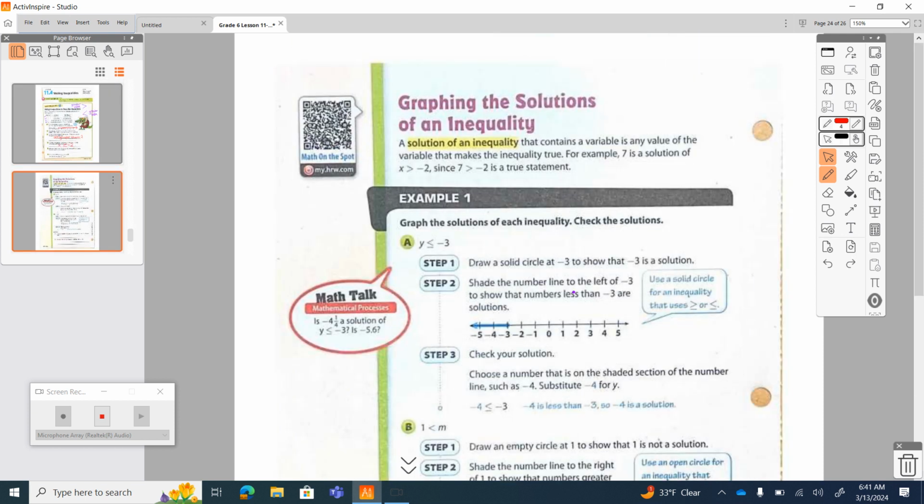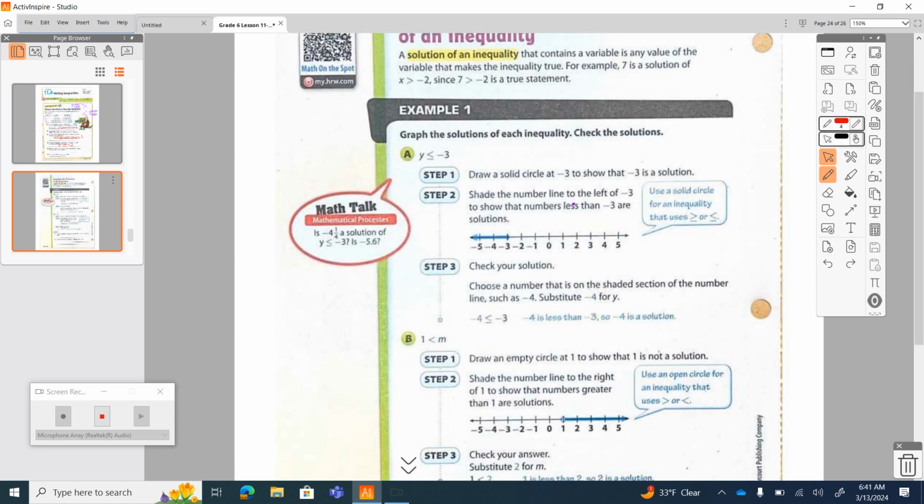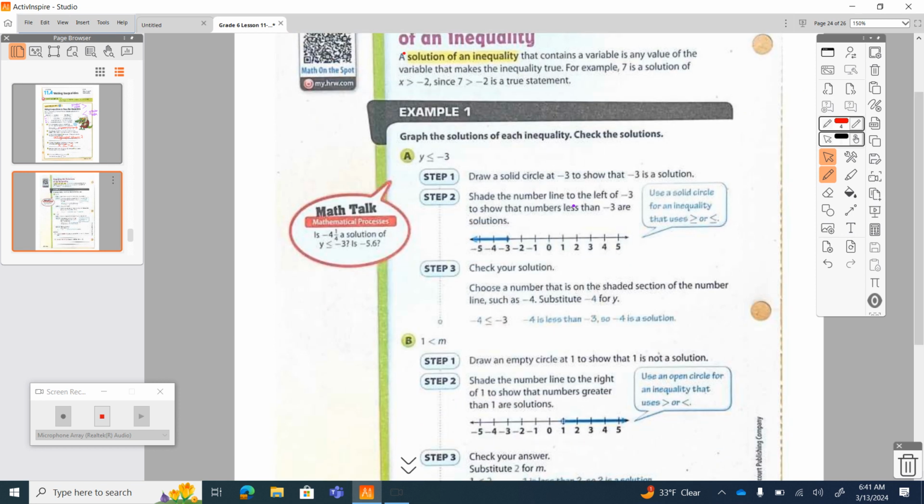So, graphing the solutions. A solution of an inequality is a value of the variable that makes it true. A variable is a letter. For example, 7 is greater than -2, so that's a true statement. So let's look at these. It says y is less than or equal to -3. We're going to put a dot at -3. And I tell students, think of a number that would make this true.